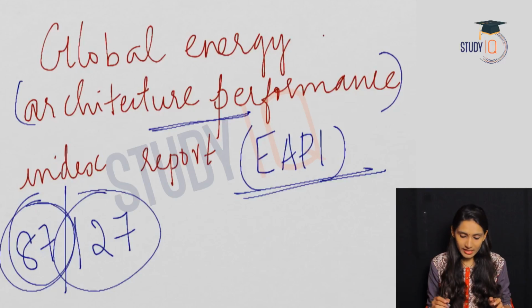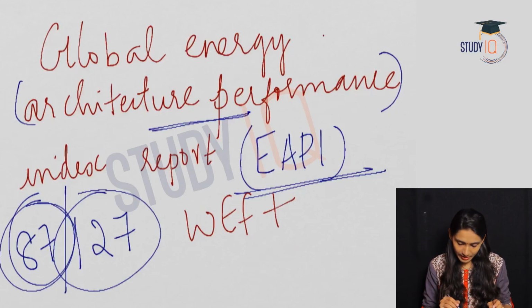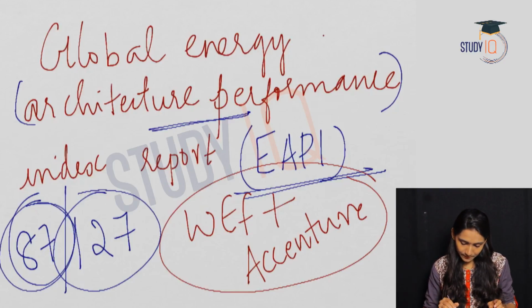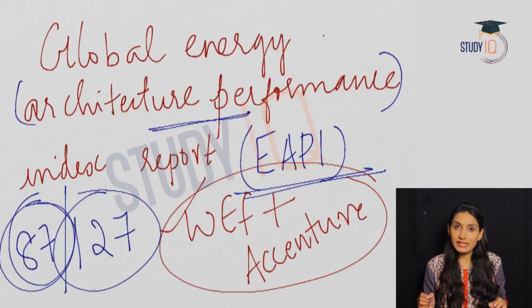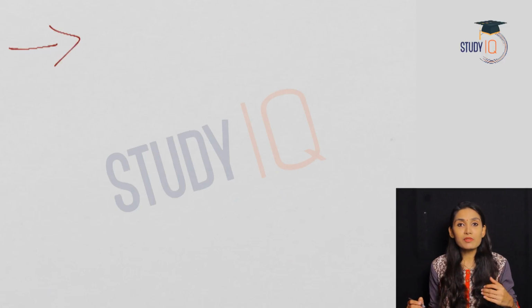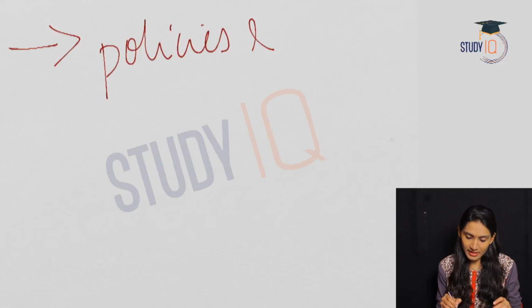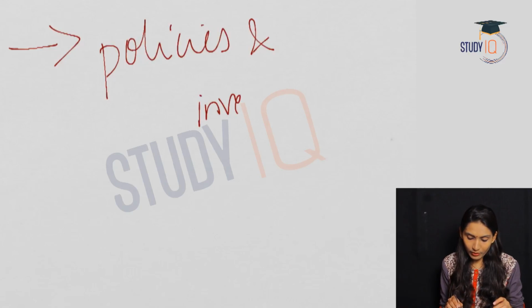The Global Energy Architecture Performance Index report is prepared by the World Economic Forum in association with Accenture Strategy. Both combined prepare the report. And what is the aim of this report? The report aims to inform energy policies and investments. So, energy policies and investments are guided by this report. On what basis?